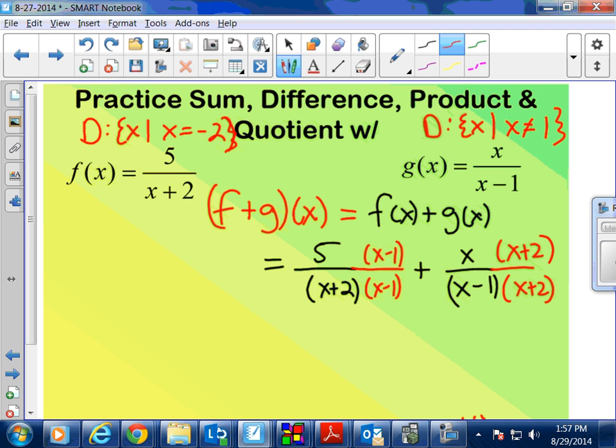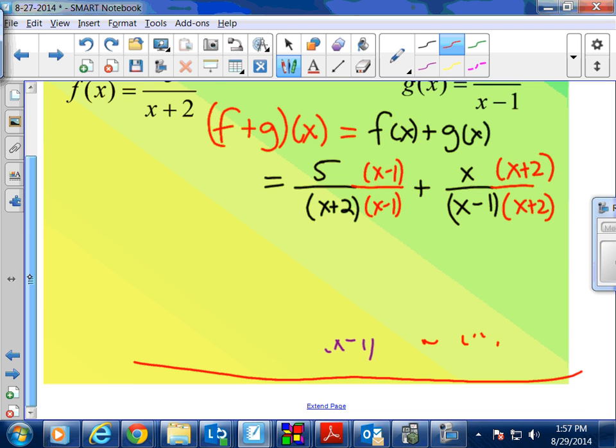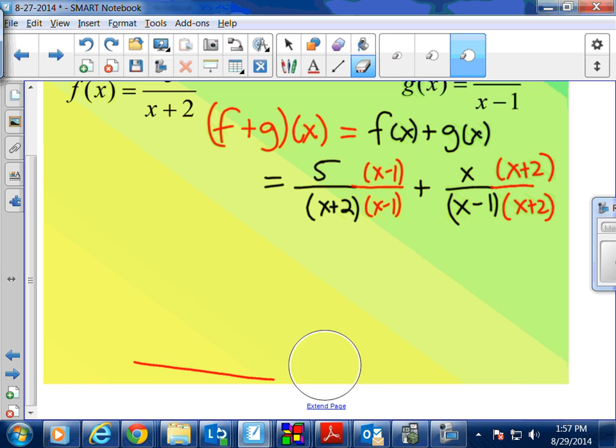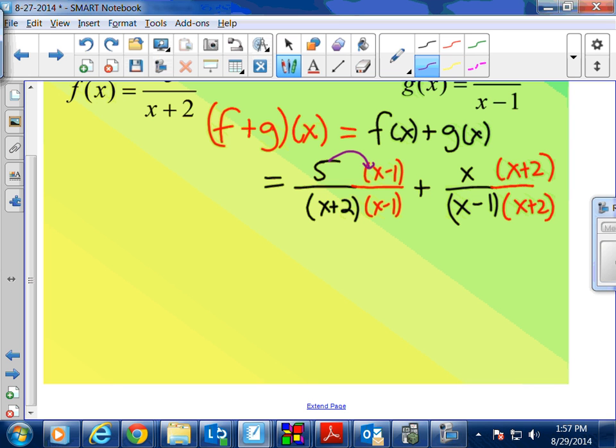Now let's add them. Let me first erase what's down here. Let's add these two together, and I'm going to make them share a common denominator. I'm also going to distribute because it's going to save me a little bit of time. If I distribute, I'll get 5x minus 5.